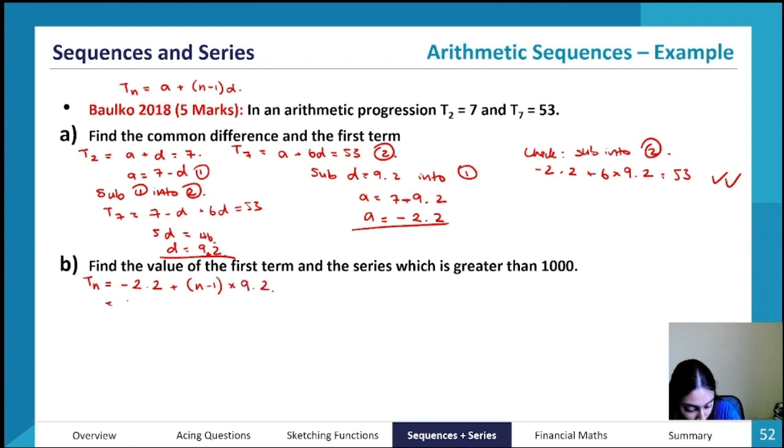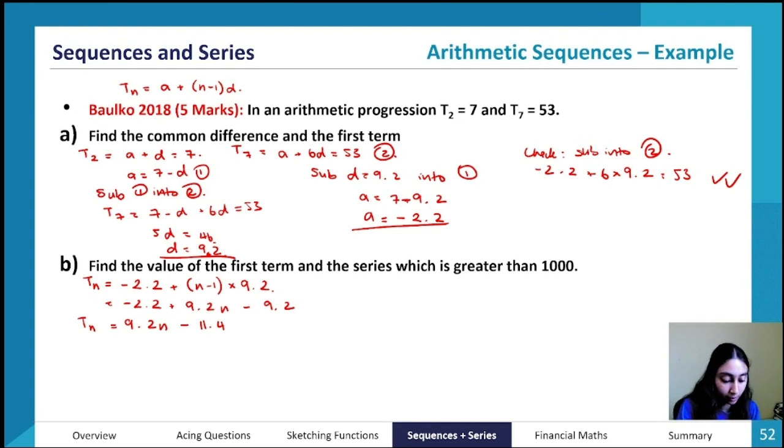So it's going to get me to minus 2.2 plus 9.2n minus 9.2, which will get me to 9.2n minus 11.4 is equal to Tn. Okay, so I'm looking for the term value that'll be greater than 1,000. So I'm going to say that 1,000 is equal to 9.2n minus 11.4.